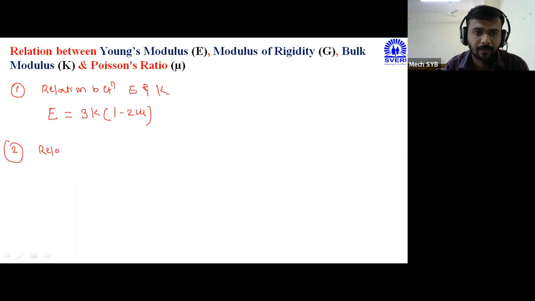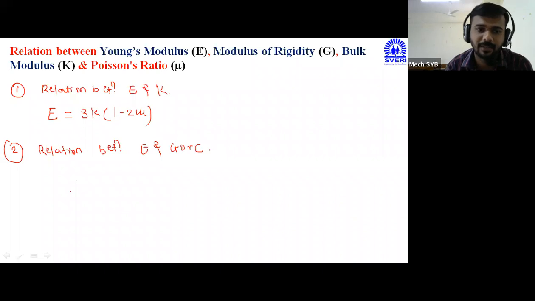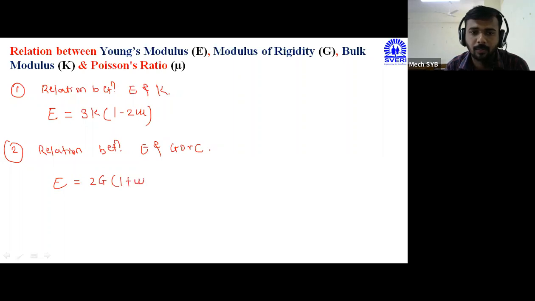Then second, relation between E and G, or it is also called capital C. So E is equal to 2G in bracket 1 plus mu, or E is equal to 2C in bracket 1 plus mu. Okay.